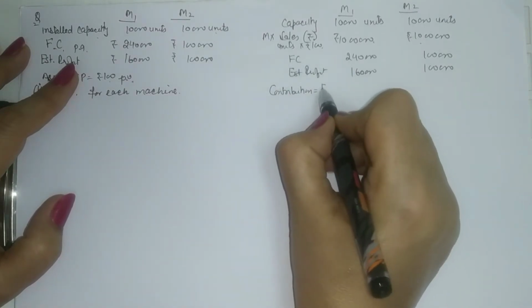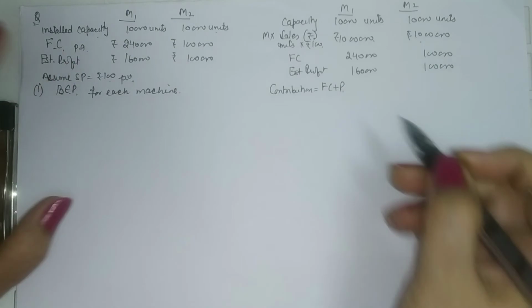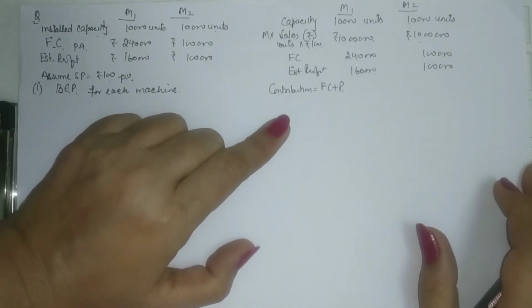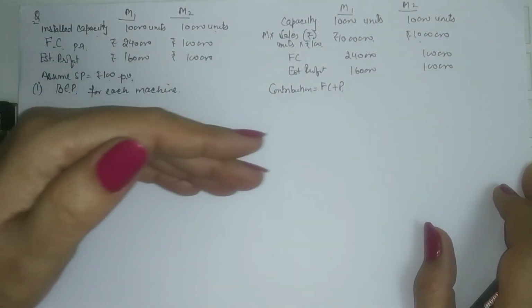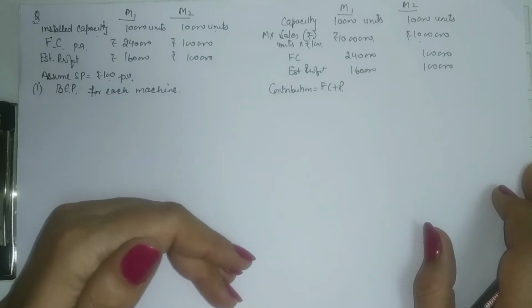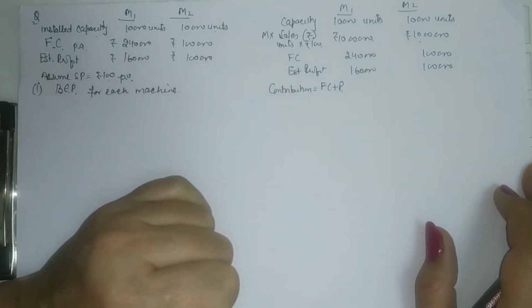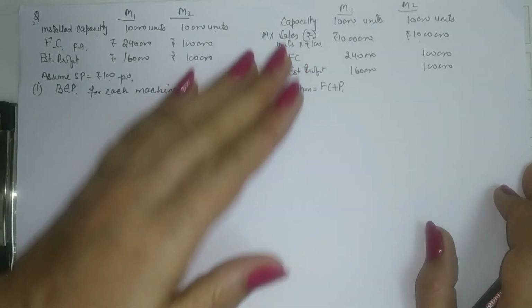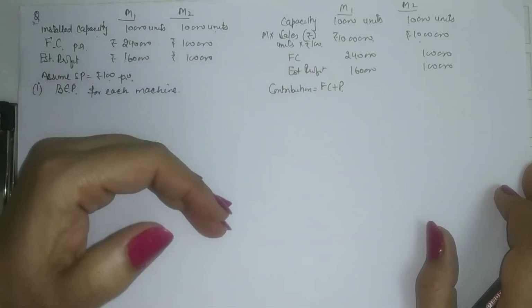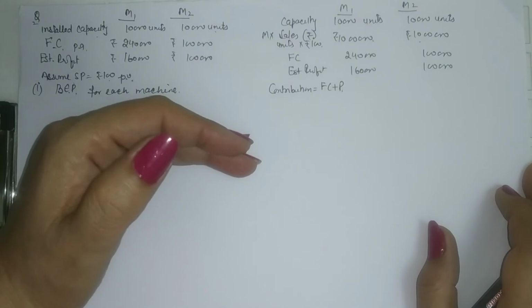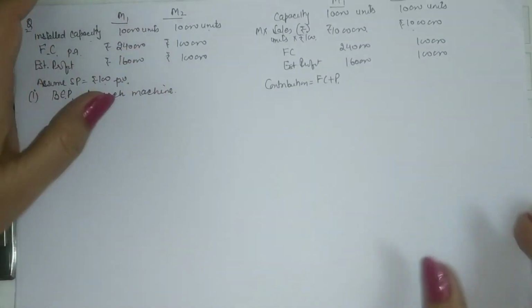Contribution can be taken as fixed cost plus profit, isn't it? This is our formula. When we reach contribution, we either reach it from the top of the cost table, that is selling price minus variable cost is contribution, or we move from the bottom. Contribution minus fixed cost is profit. So contribution is equal to profit plus fixed cost.